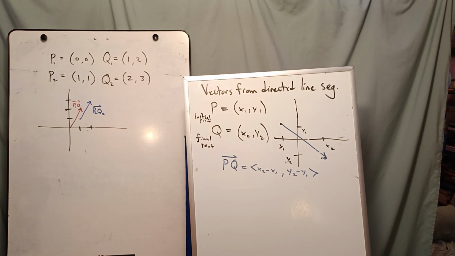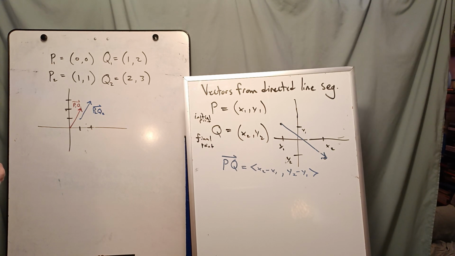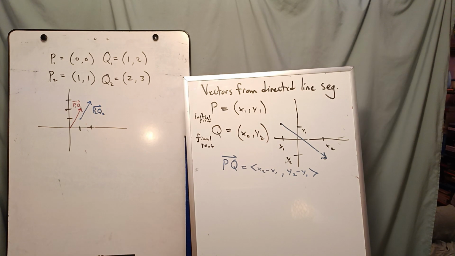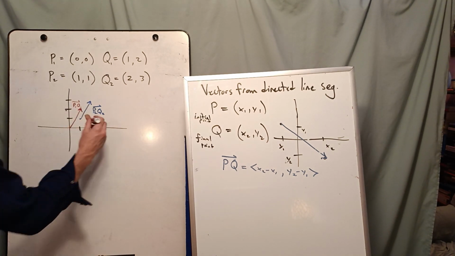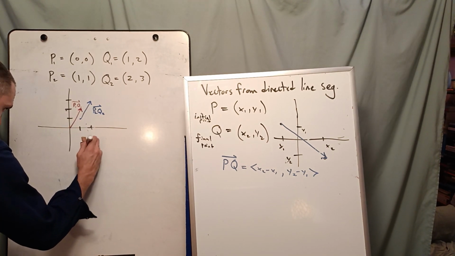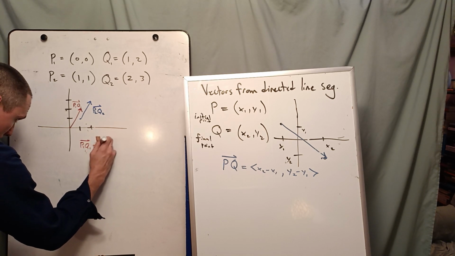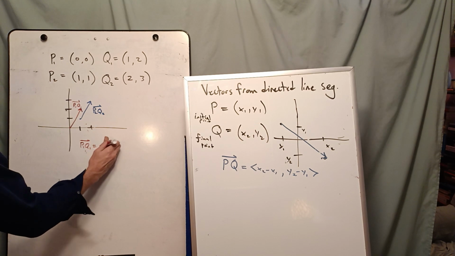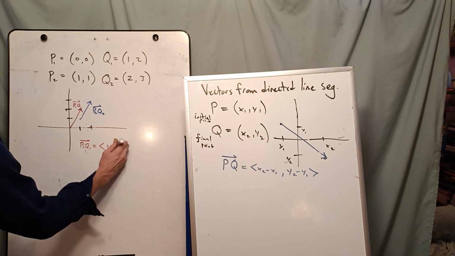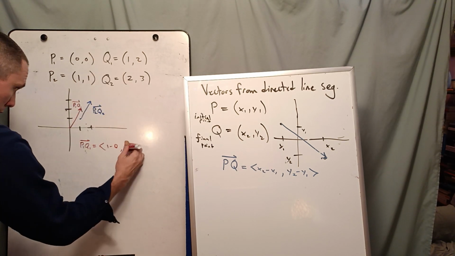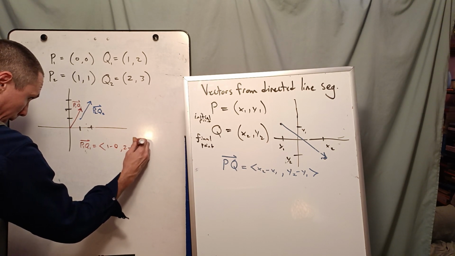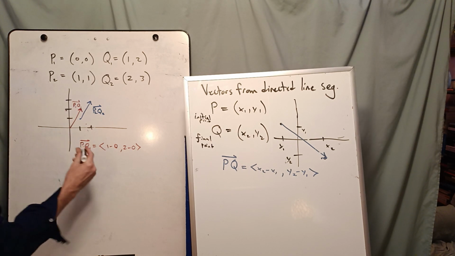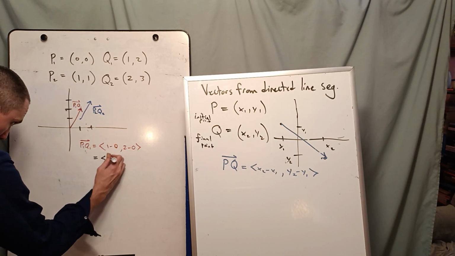And if we looked at their component form, then P1, Q1 would be equal to 1 minus 0, 2 minus 0, which is, of course, just equal to 1, 2.